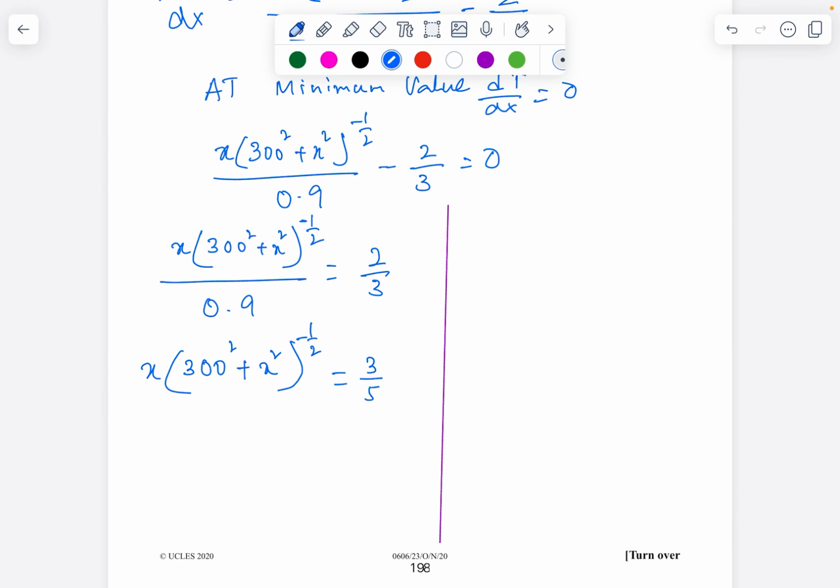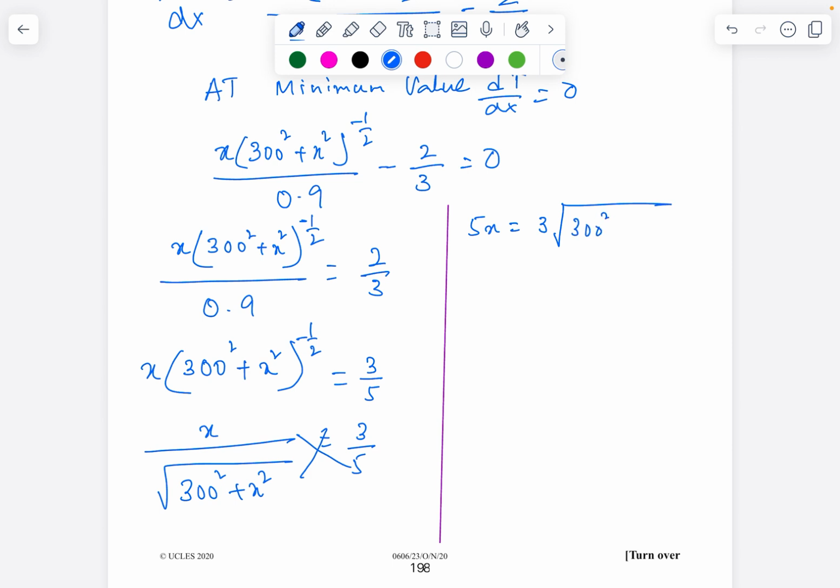Okay. So basically, you can see that I can write this one in the form of x over the square root of 300 square plus x square is equal to 3 over 5. I cross multiply. This becomes 5x equal to 3 times the square root of 300 square plus x square.